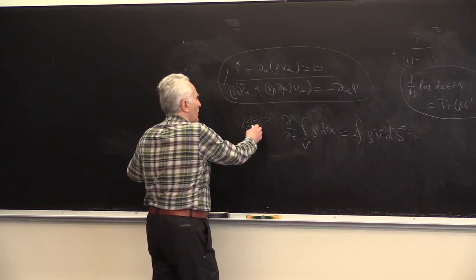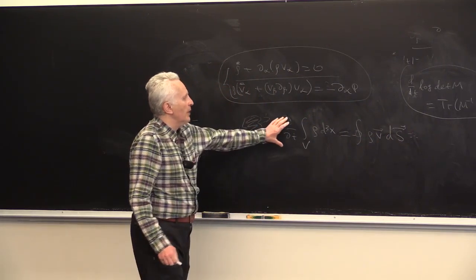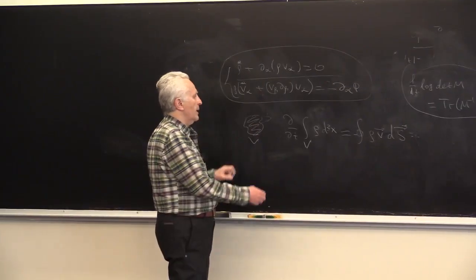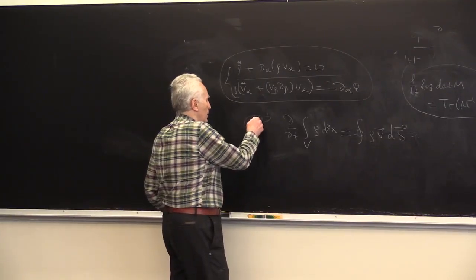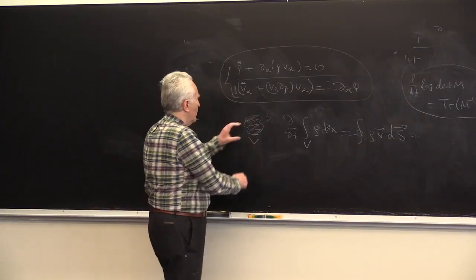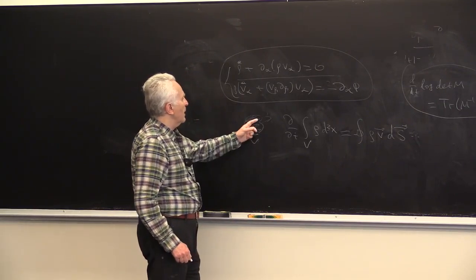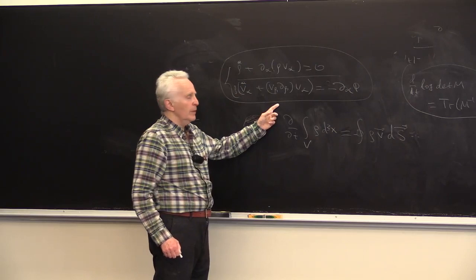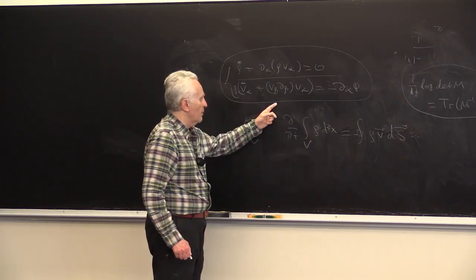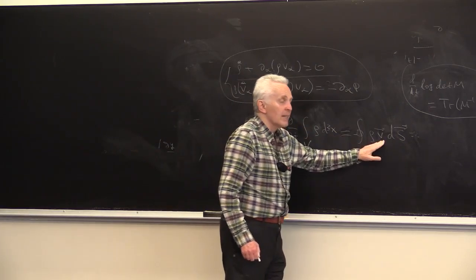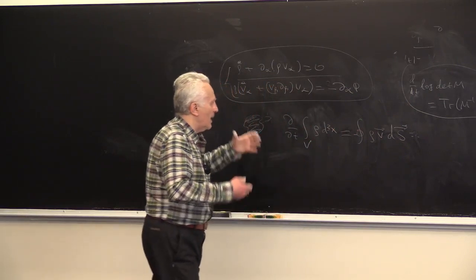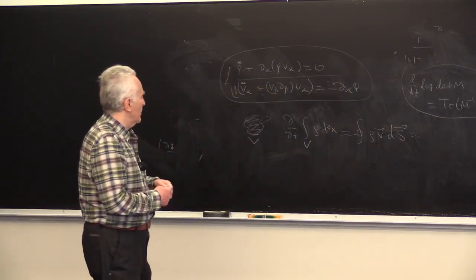So it's simply conservation of mass in the sense that if you change mass inside this boundary, that means that it went through the boundary outside. This is the flux of the mass which goes outside.